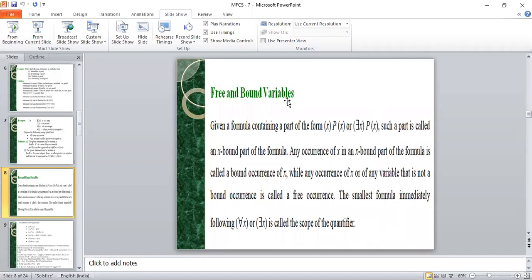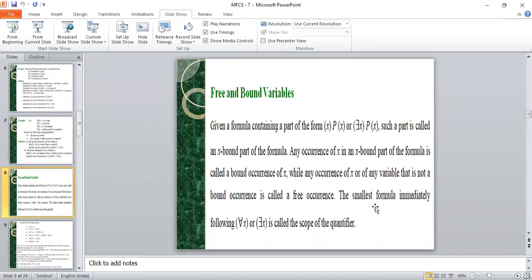ఇక్కడ ఏం చెప్తున్నారంటే ఇచ్చిన స్టేట్మెంట్ ఫార్ములాలో for all x p of x or there exists x p of x. In this statement formula, the part of x is called x bound part, and any occurrence of x in an x bound part of the formula is called bound occurrence of x. Okay, while any occurrence of x or of any variable that is not a bound occurrence is called free occurrence.